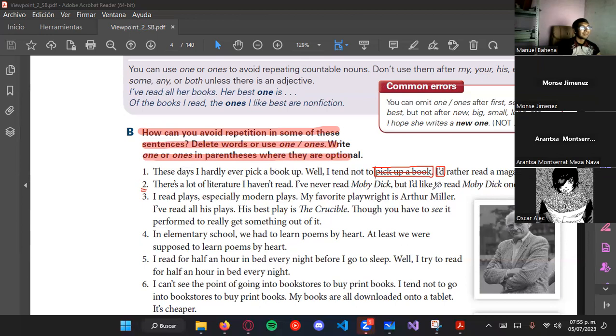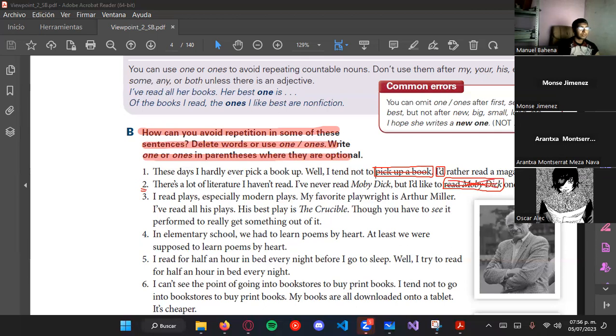Delete, but just read Moby Dick in the last... Here? Yes. Don't worry. Okay, perfect. Okay, so read it now with this part being deleted.